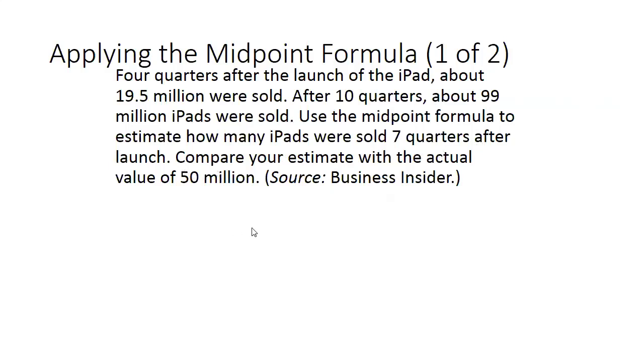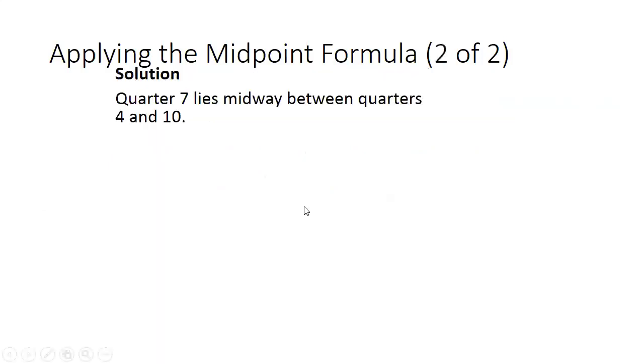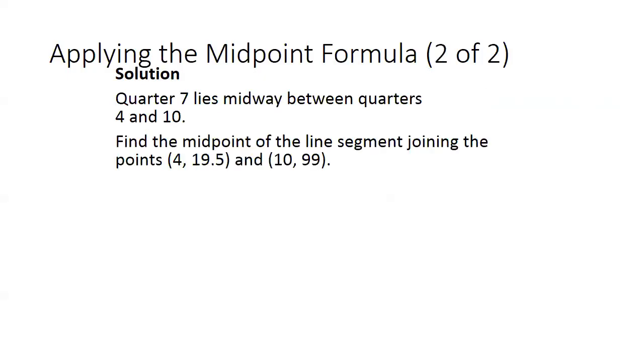So what we need to do here in this example is to consider that the quarter 7 lies between the quarter 4 and 10. Okay, that would be like a midpoint. So basically it's a midpoint problem.